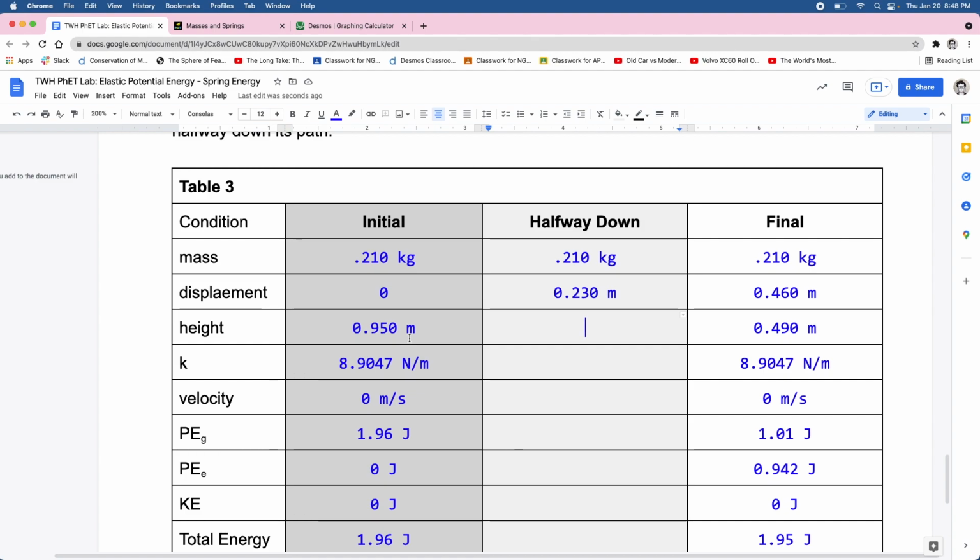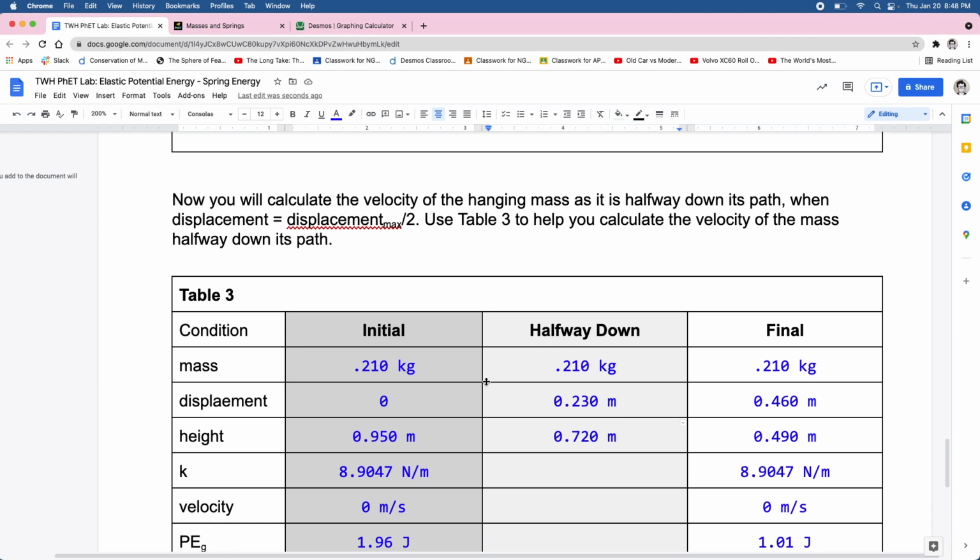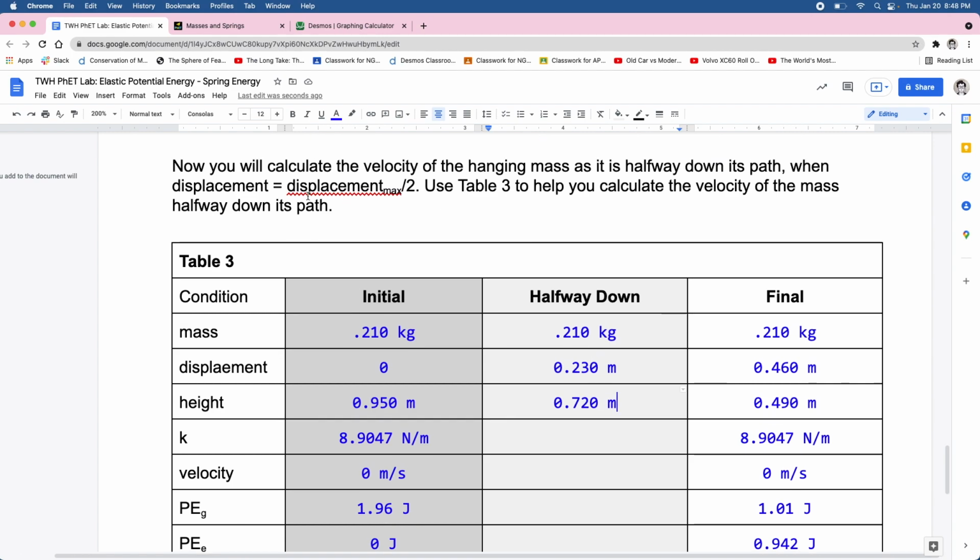So 72 centimeters. Right, I'm doing all this on this table because I'm asking you to figure out the velocity of the hanging mass as it's halfway down its path. And so if we know halfway down its path is when the displacement is half the maximum, then I know that my displacement is going to be 0.230 meters, and therefore my height is going to be my initial height minus my displacement, which is 0.720 meters.